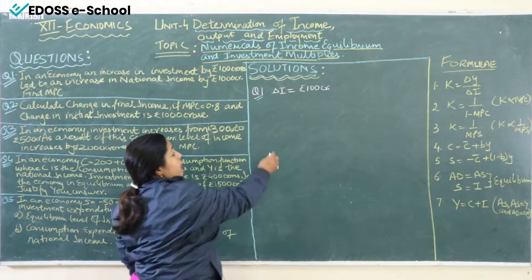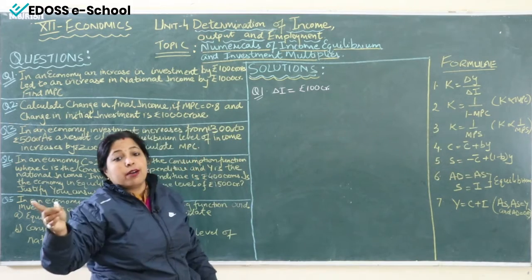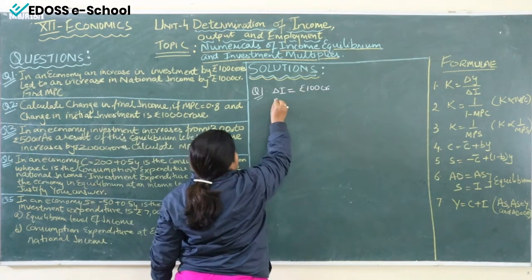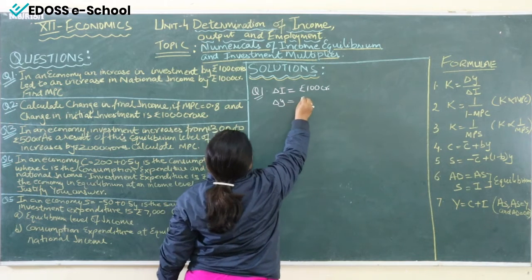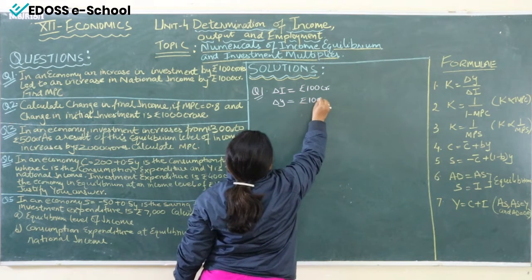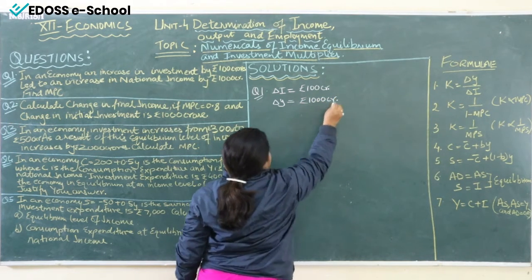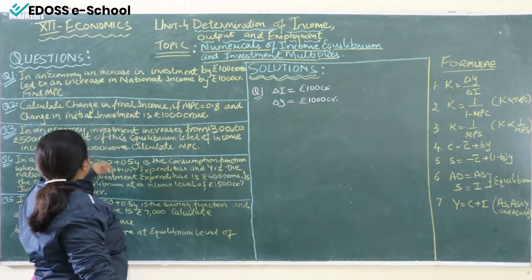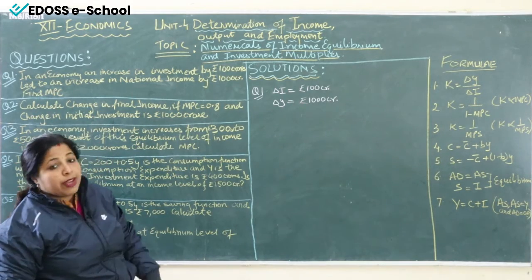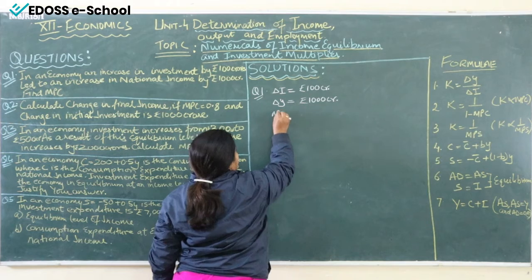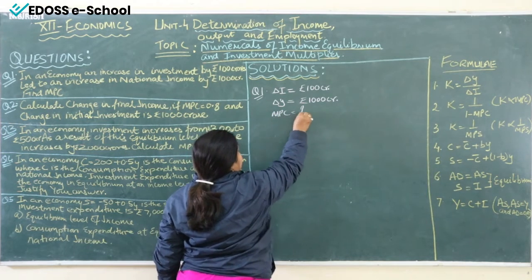So, what does this say? Increase in national income is delta Y. So, delta Y is given to you, that is rupees 1000 crores. Further it says, find MPC. We have to calculate the value of MPC. So, we have summarized it.